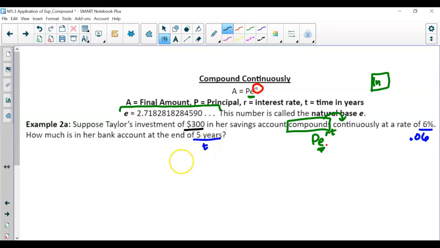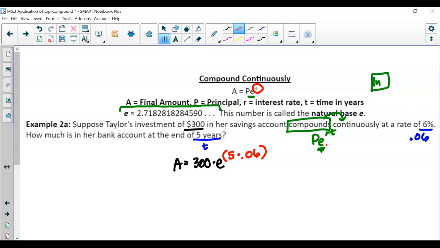So here we go. We have A is equal to the principal 300 times E. We're going to raise that to the. So again, if you need to, put in parentheses 5 times 0.06, or again, 0.06 times 5, it's all the same, right?